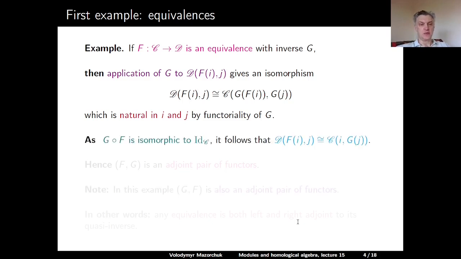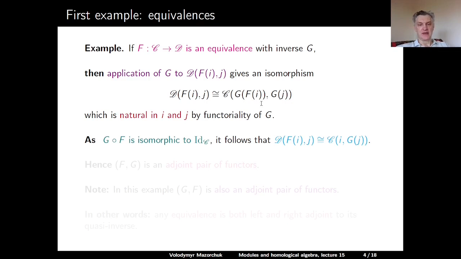Now, since the composition of G and F is isomorphic to the identity functor on C, because we assume that F and G are mutually inverse equivalences of categories, it follows that the second set here, the morphism set in C from G(F(I)) to G(J), is actually isomorphic to the morphism set in C from I to G(J), because G after F is isomorphic to the identity functor.